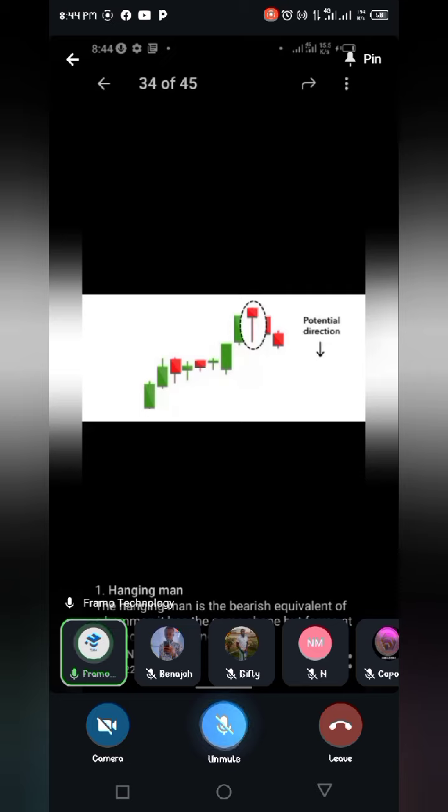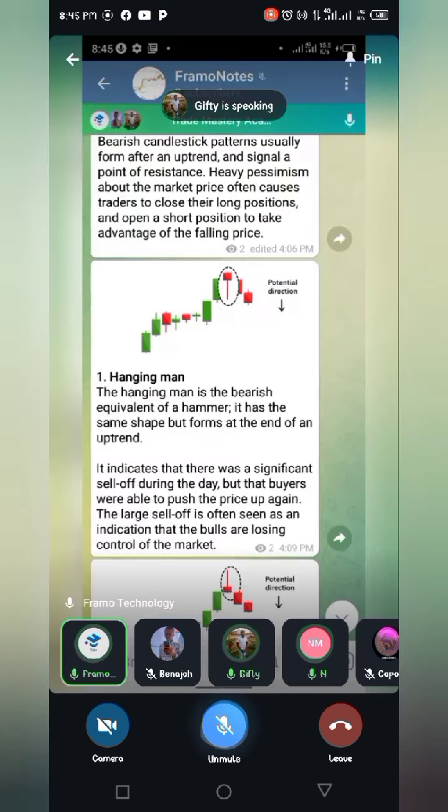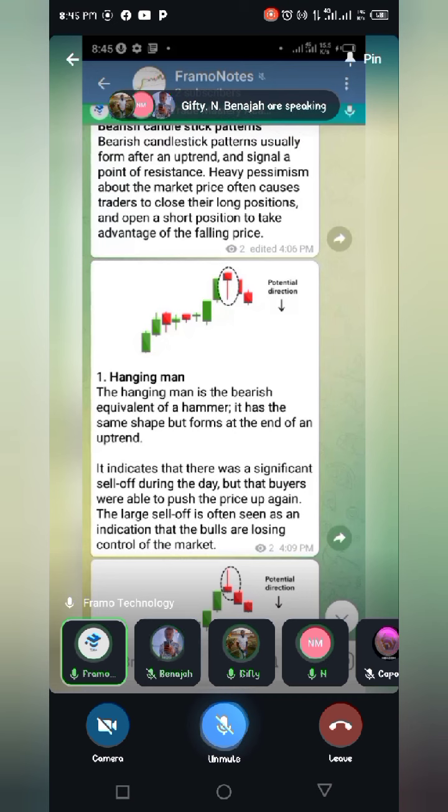And then the name is not hammer here. We call it hanging. It looks like a man hanging on a tail in the air. Is it clear? Yes. Okay. Yes, please.